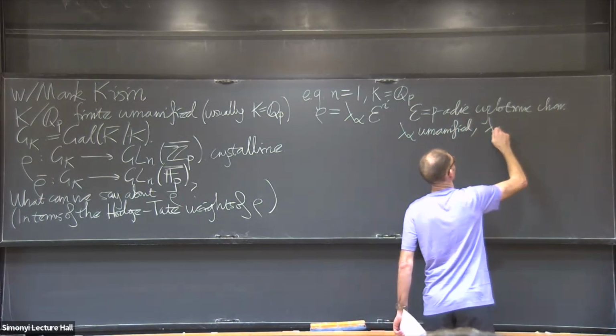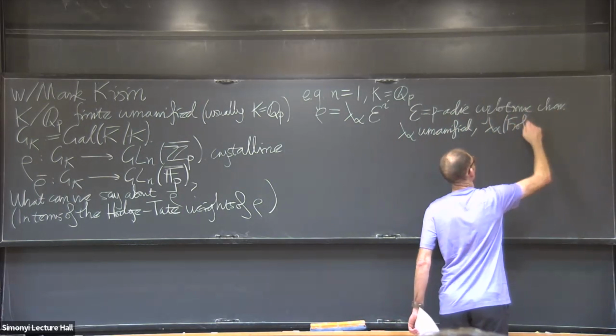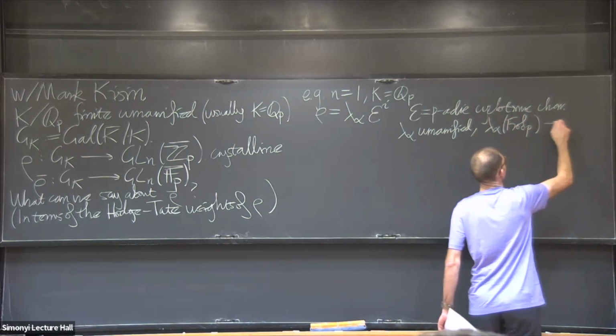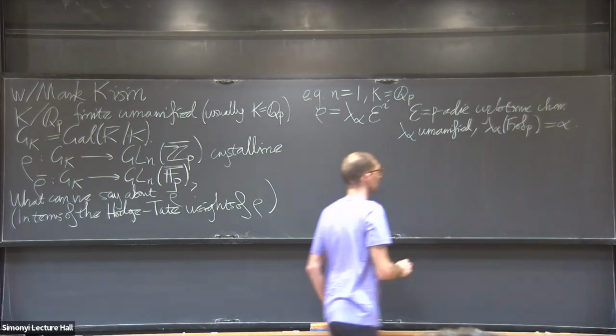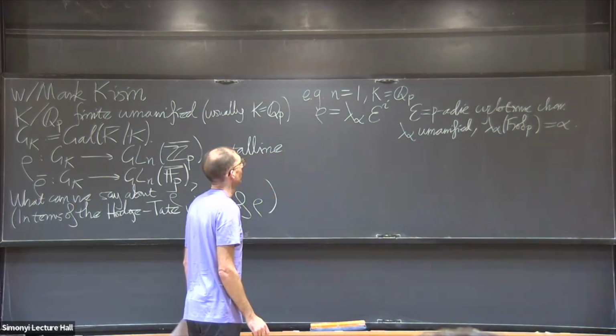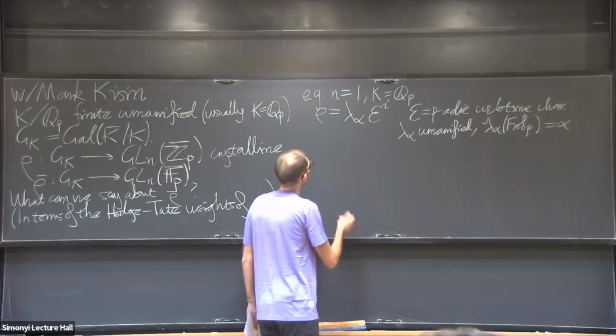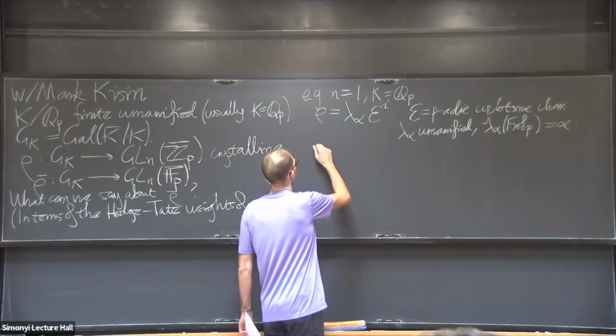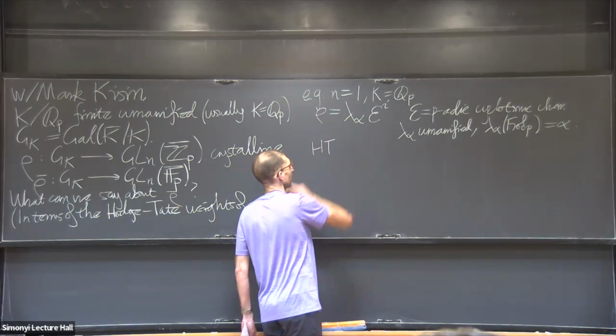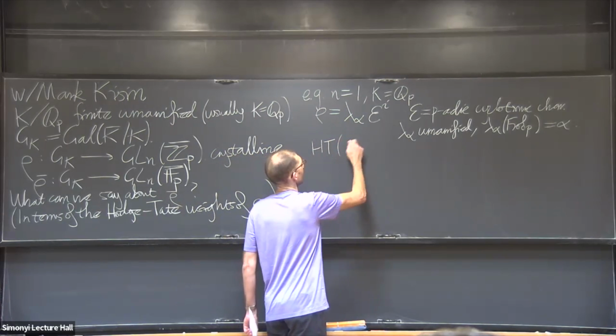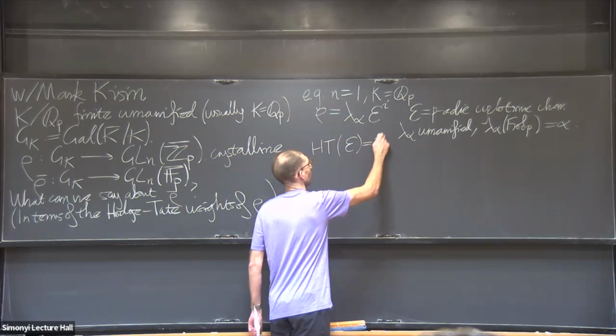And lambda alpha of Frobenius is alpha, so alpha is some element of ZP cross. So let's set things up. And for this talk, I decided to make the slightly unfashionable choice that the Hodge-Tate weight of the cyclotomic character is going to be 1 rather than -1.